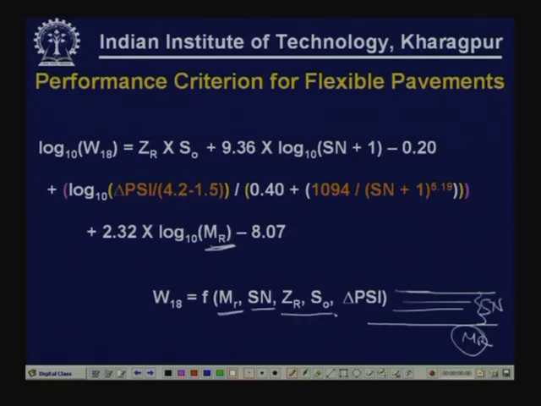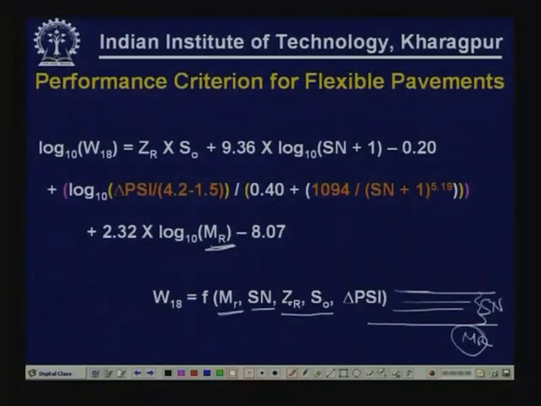ZR and SO are two parameters that take into consideration the reliability levels that are required, the variability that is going to be there in the materials that we use, in the estimation of different parameters, and also the uncertainty that is built into the equation in terms of how well we are able to predict the performance if you know all the other parameters.